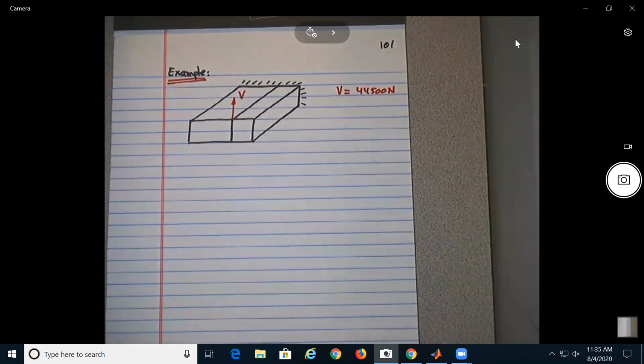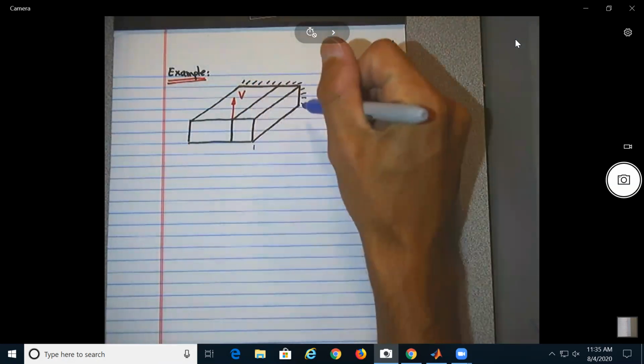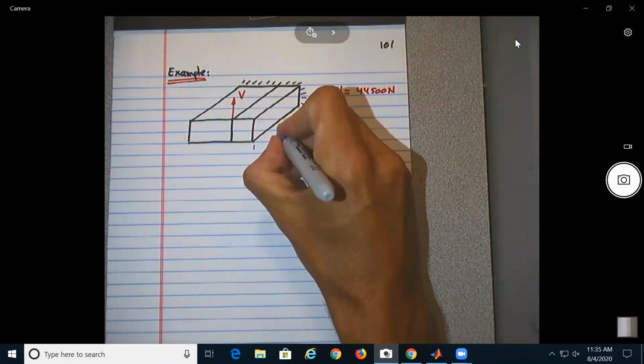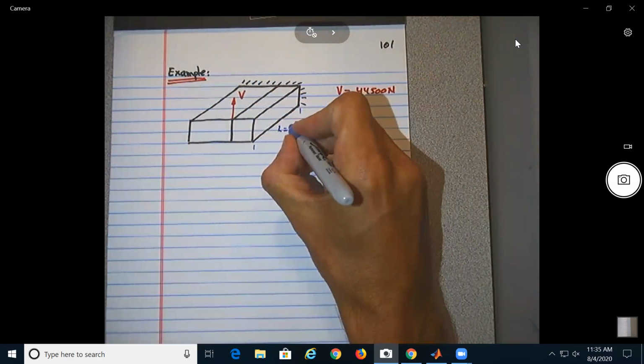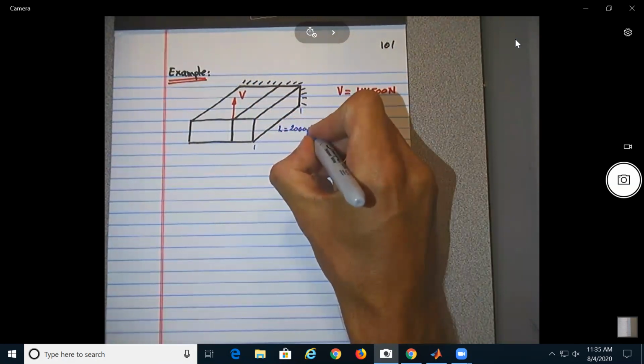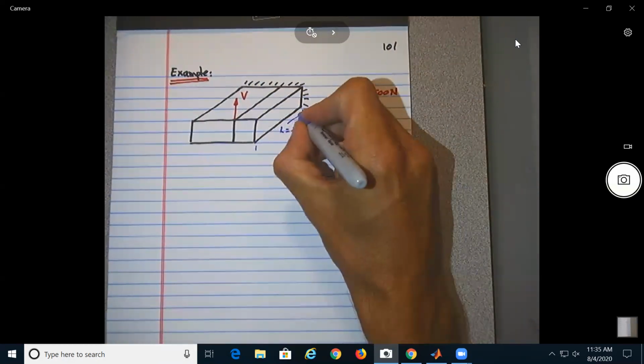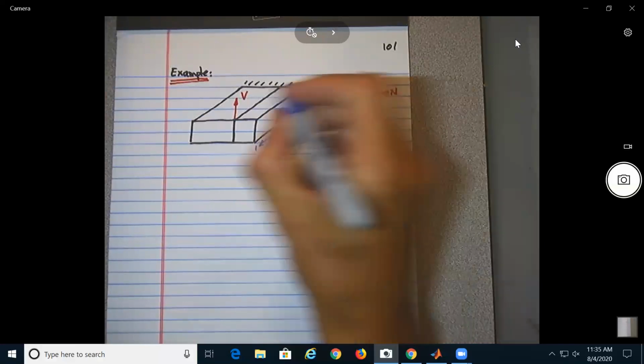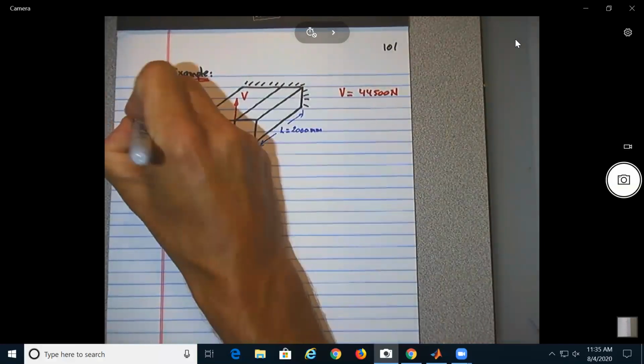And that the overall length is 2,000 millimeters. Okay, so dimensions will be in millimeters.